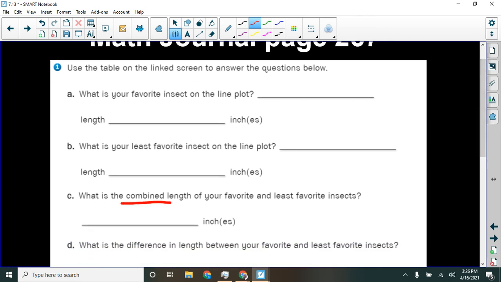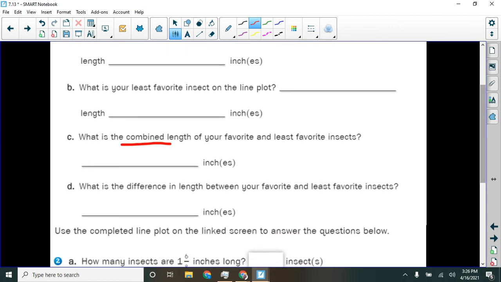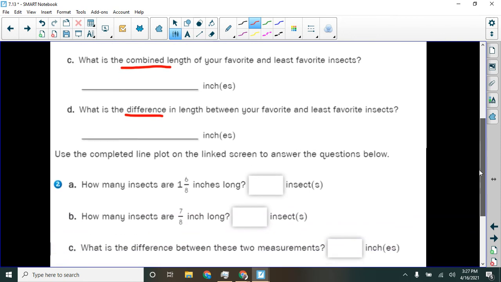What does the word combined tell you that you're going to do? You're going to add those two bugs' lengths. You know how to add mixed numbers. What does the word difference tell you to do? I hope you said subtract. Whenever you have to find the difference, whenever you're comparing two things, you have to find the difference between them. Not like one bug is green and one bug is blue, but the difference in length, to subtract.